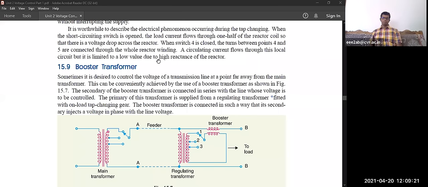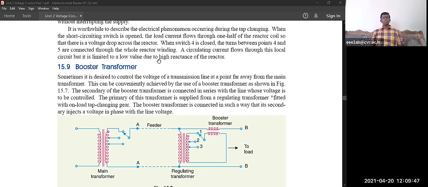Booster transformer. Suppose you are located very far away from your substation. Say your substation is at one end on the roadside, and your house is located somewhere 5 kilometers, 10 kilometers away from your substation.